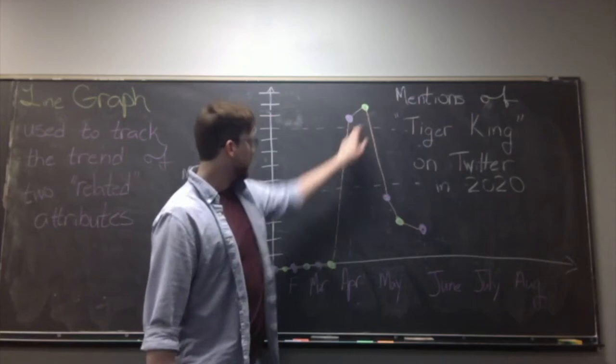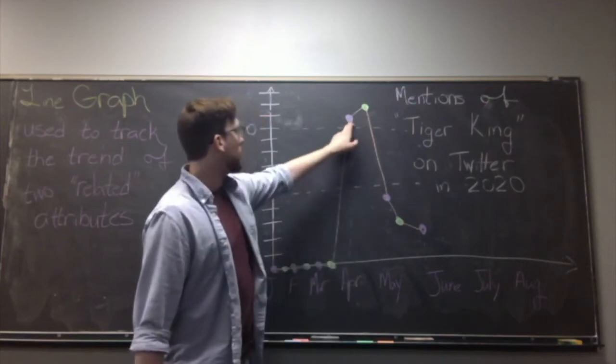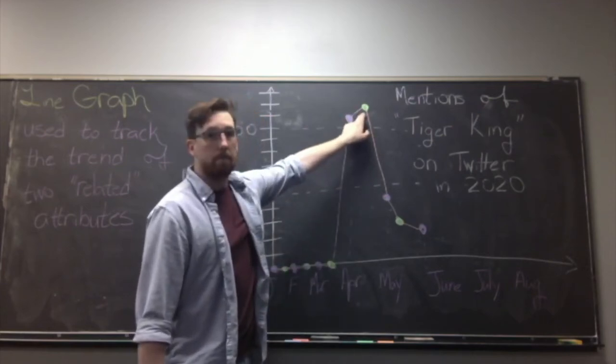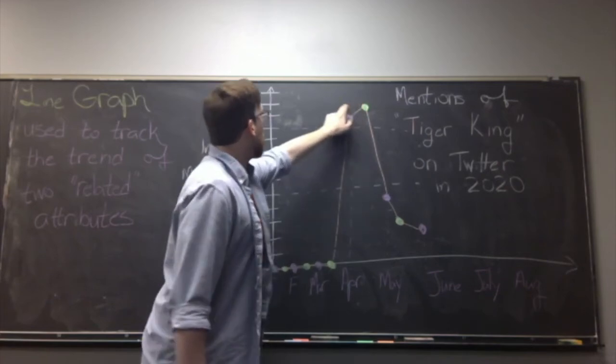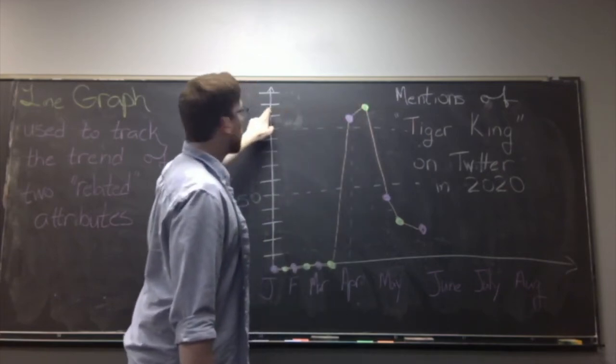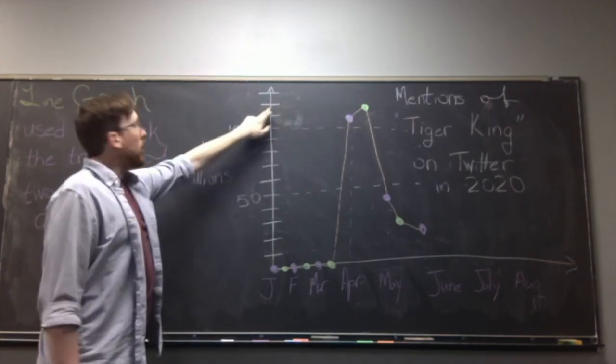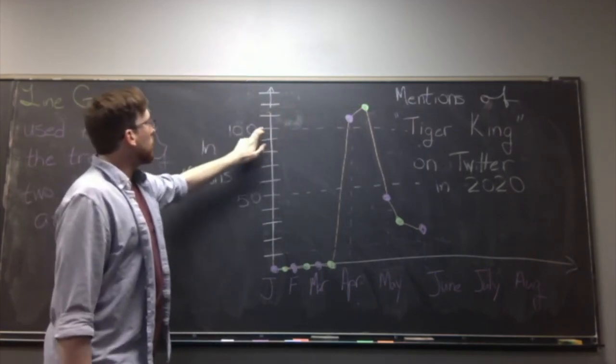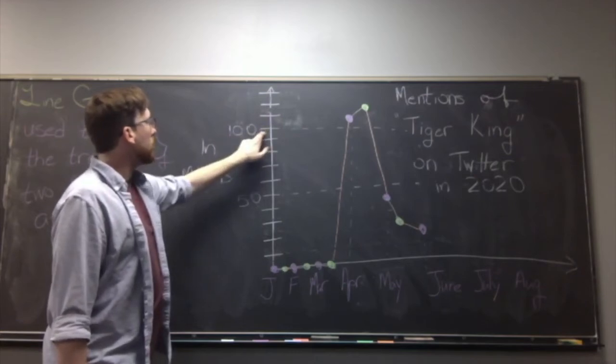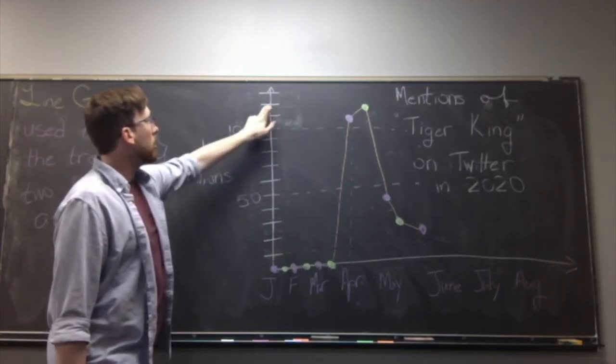Cool. Let's say now that we wanted to know how many mentions there were of Tiger King on April 15th. So we go to April, go straight up, it's the green tick over. Now we're going to take this on over to our y-axis. Notice when we do that, we are at 100 million, 110 million.